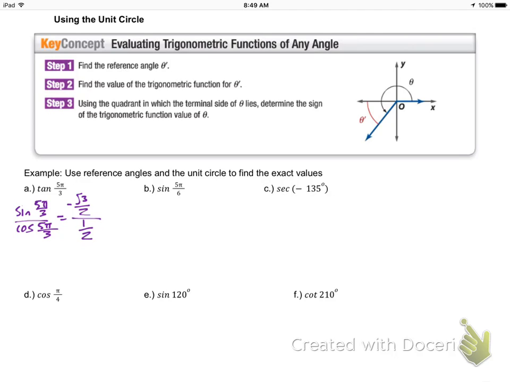I got a fraction divided by a fraction. I don't like it. I'm not leaving it. So therefore, I need to do what? Multiply by the reciprocal, 2 over 1. What happens with the 2's? Cancel. Remember that negative doesn't go away. It's negative square root of 3 over 1, which is just negative square root of 3.